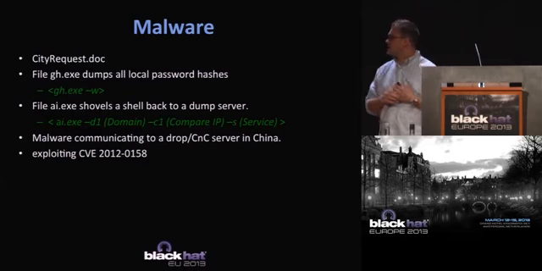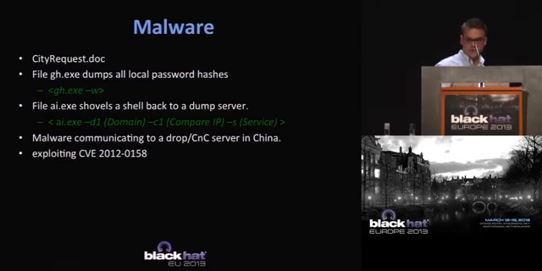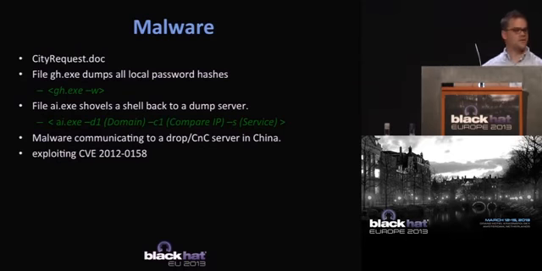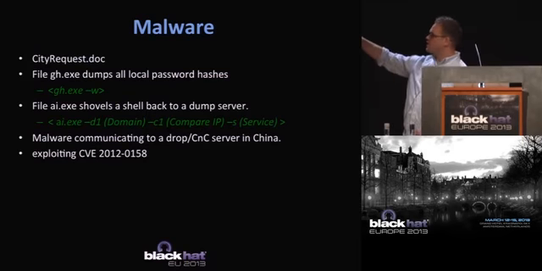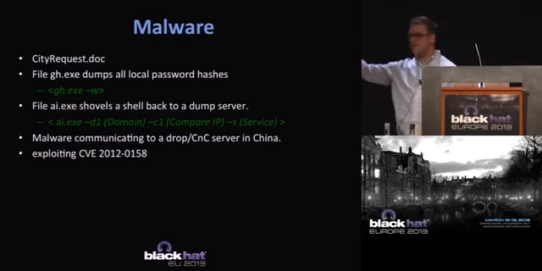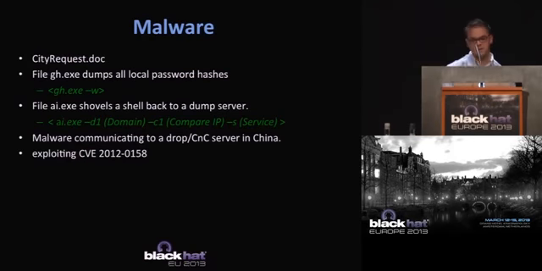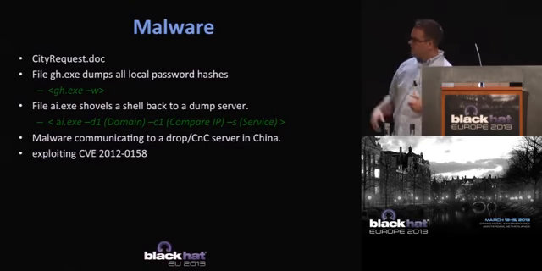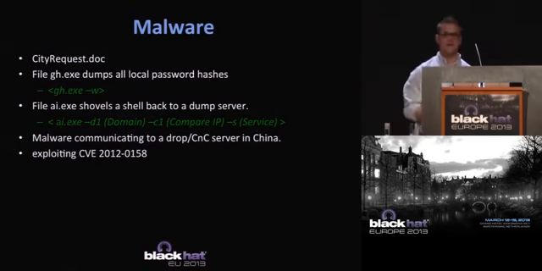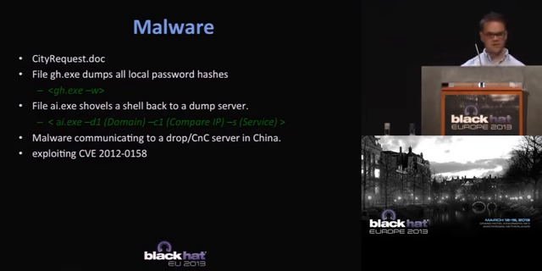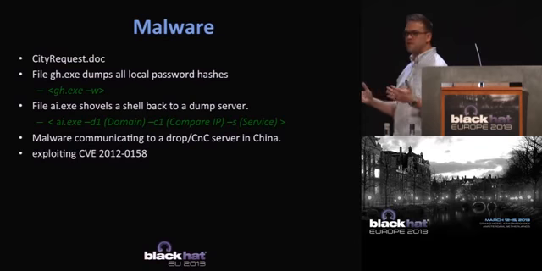And then ai.exe shovels a shell back to an actual drop server to be able to exfiltrate documents. That's it. I was able to interact directly with the malware itself once I pulled those two executables out. The malware is communicating to a drop server, the C&C server in China, and it's exploiting CVE-2012-0158. For those of you that are familiar, that's a pretty common exploited Word doc, nothing too crazy there.